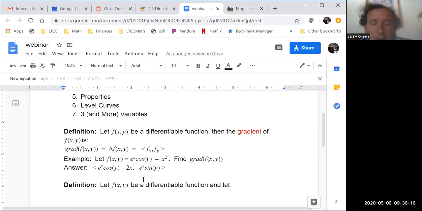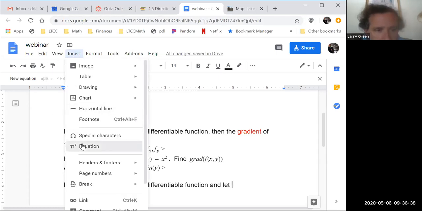But now you remember that x is r cosine theta and y is r sine theta. And we're going to let r be 1, so it's a unit vector. Because if you make it a unit vector, you're kind of getting rid of the magnitude. Well, if you do that, let's make this an equation.